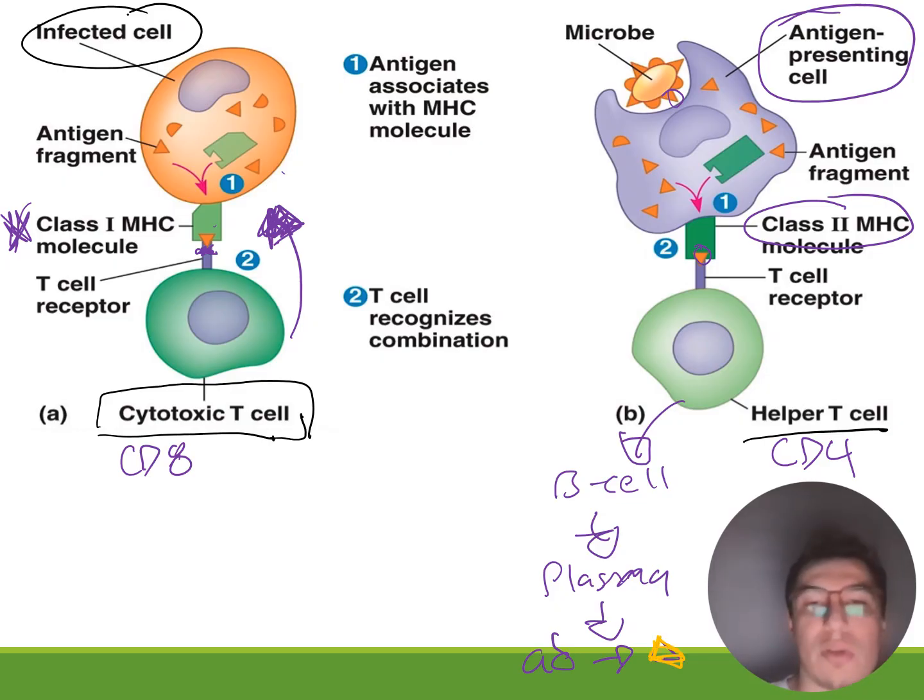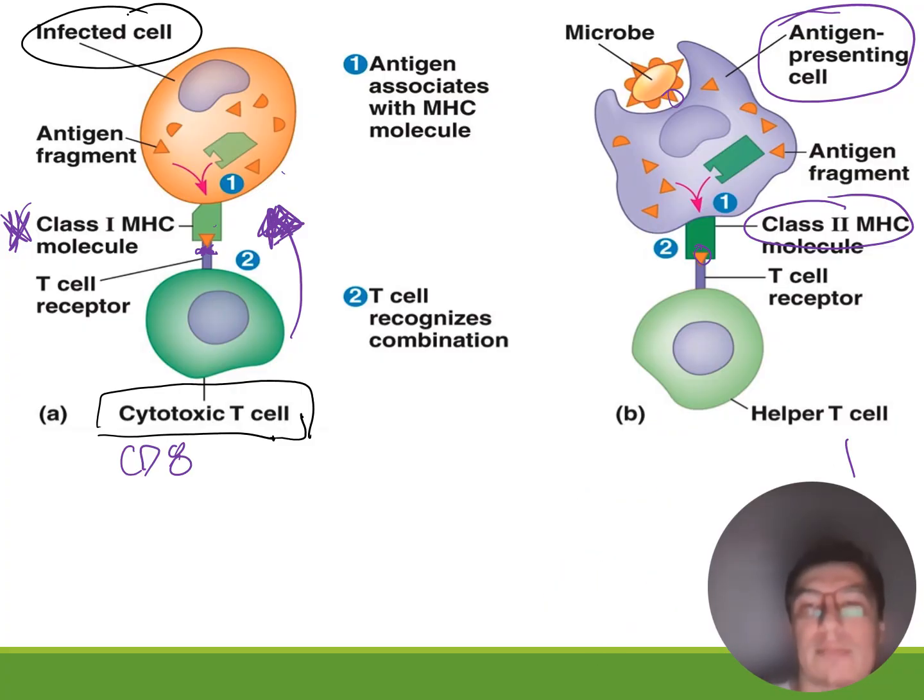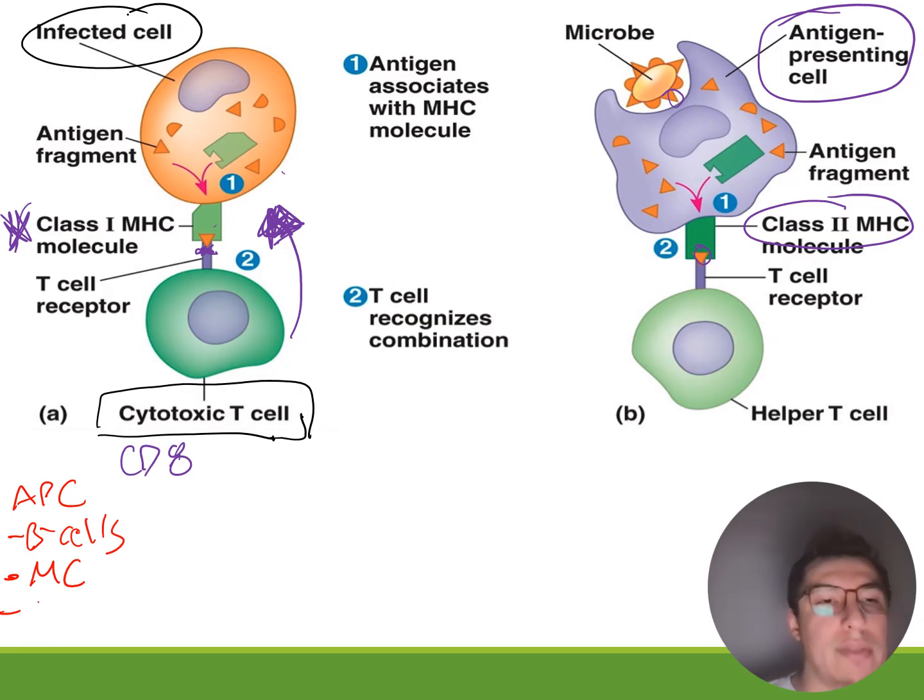Let's go over this process one more time. We have different types of cells. We have antigen presenting cells, and these are cells within lymphoid tissues, such as mouth tissues. We have B cells. We have macrophages. We have Langerhans cells, and we have dendritic cells.